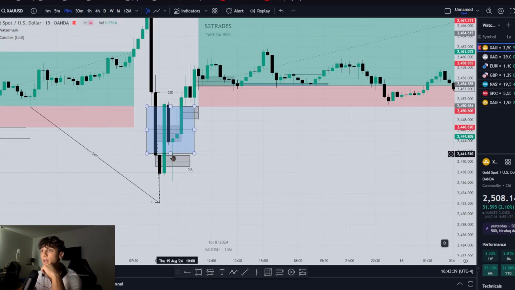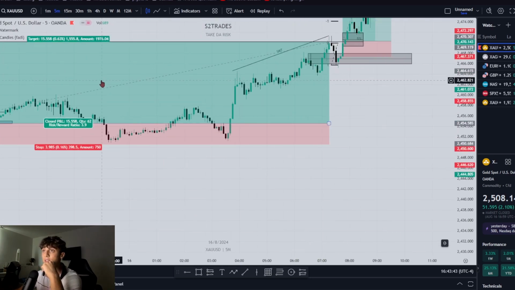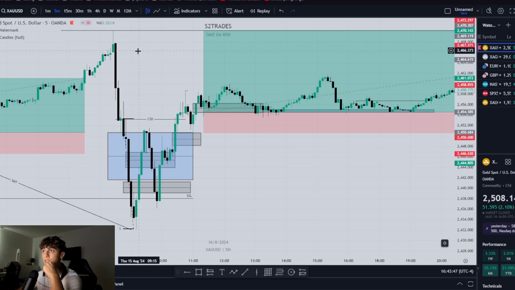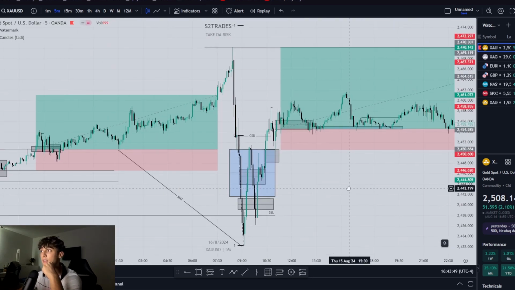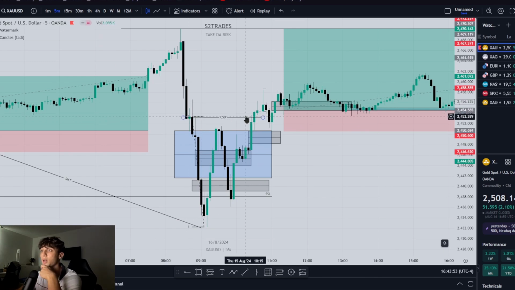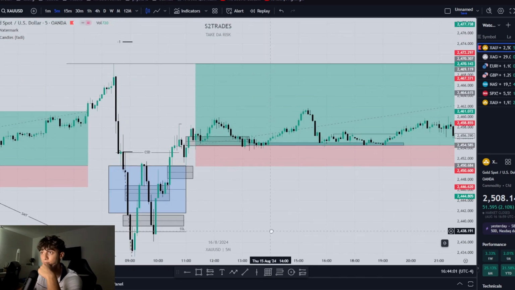Right here, fair value gap inversed off this candle. The change in state of delivery on the 15 minutes was far, right? This would have been somewhere the change in state of delivery. That's deep. So what I did is I waited for one on the 5 minutes. This was a riskier trade, but it's still pretty strong. And there was also a SMT before the liquidity sweep.